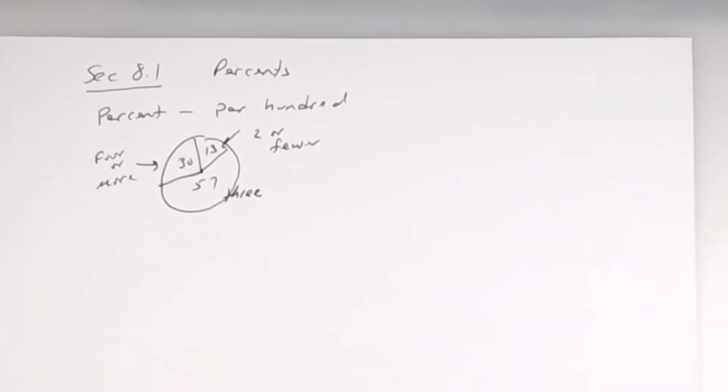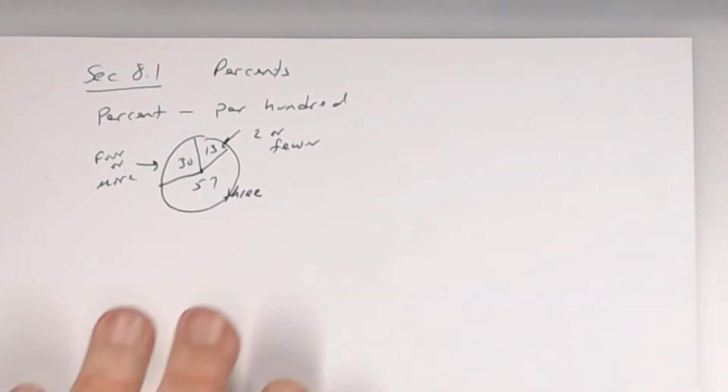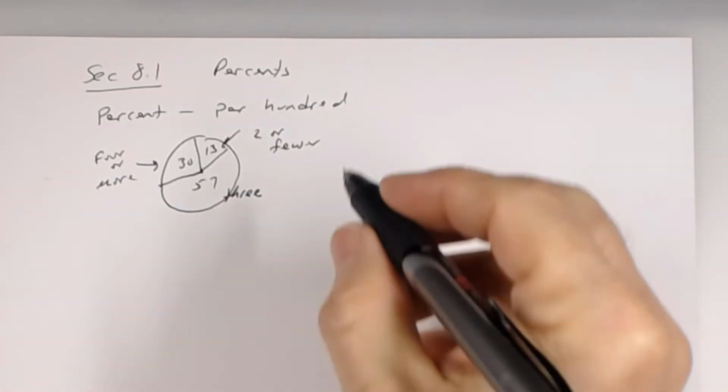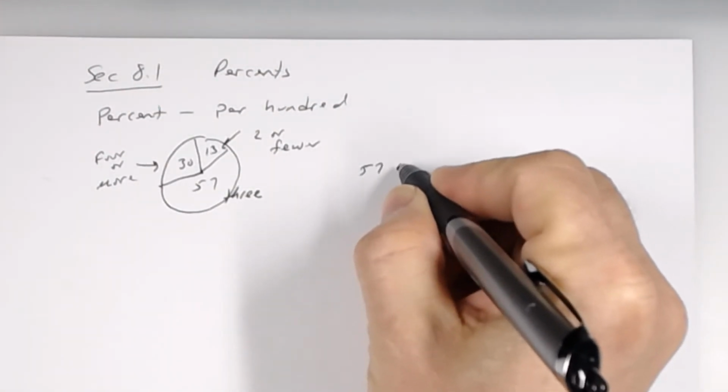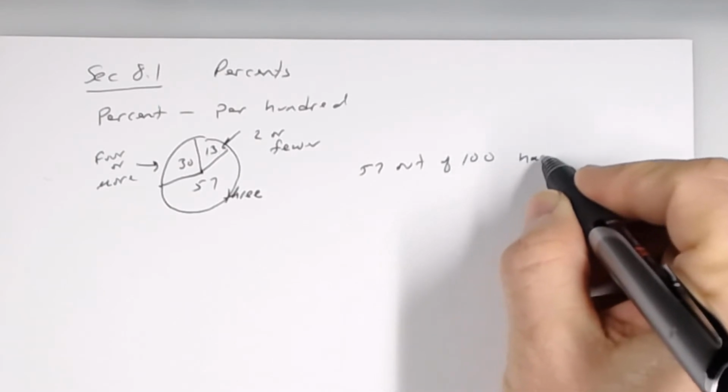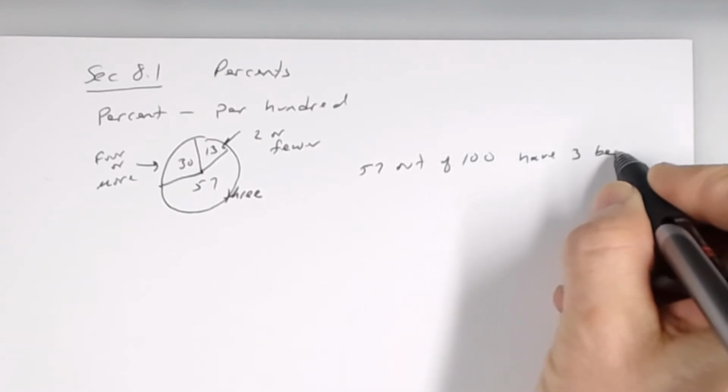Okay? Remember, this survey says out of every 100. So if I look at that 57, since it's out of 100, I can represent that 57 as a percent.